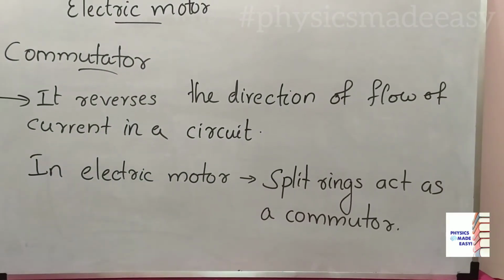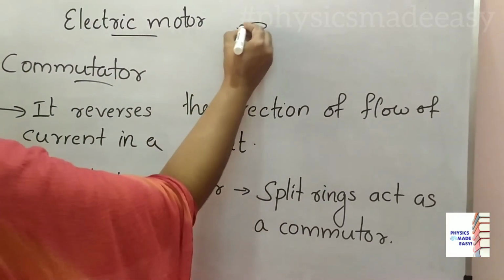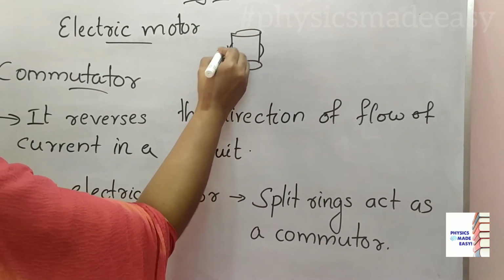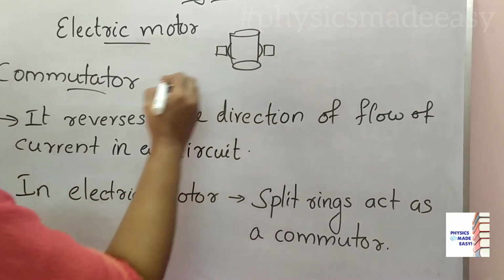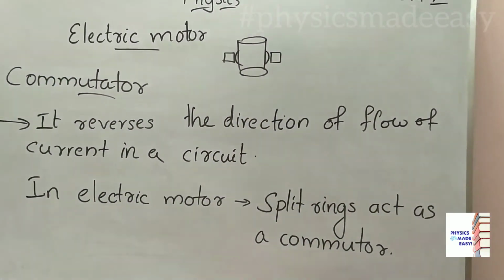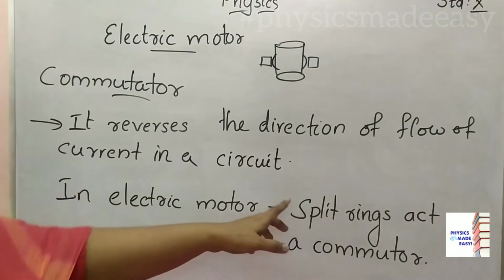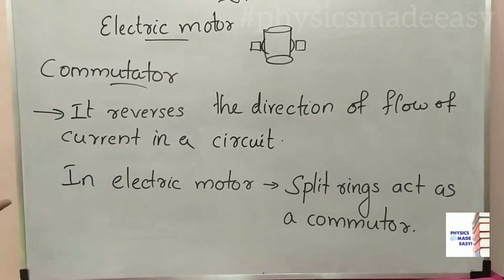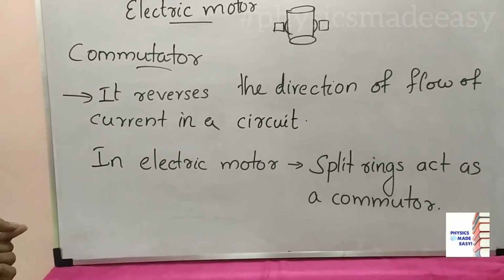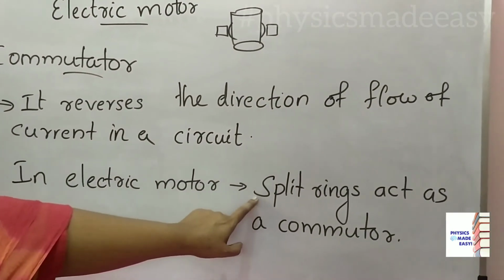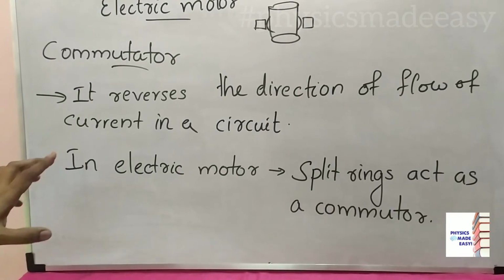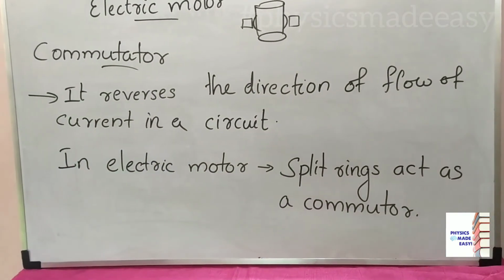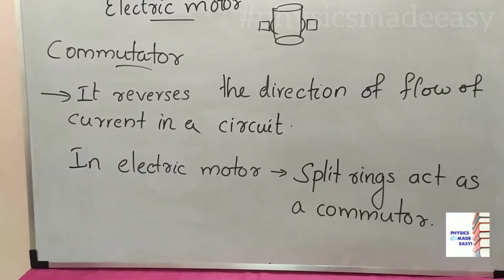You know children, these split rings are connected with the axle, P and Q, and are in contact with the conducting brushes. These brushes do not move when the axle rotates, but the split rings move. Due to that we can reverse the direction of current. So in an electric motor, these split rings act as a commutator.